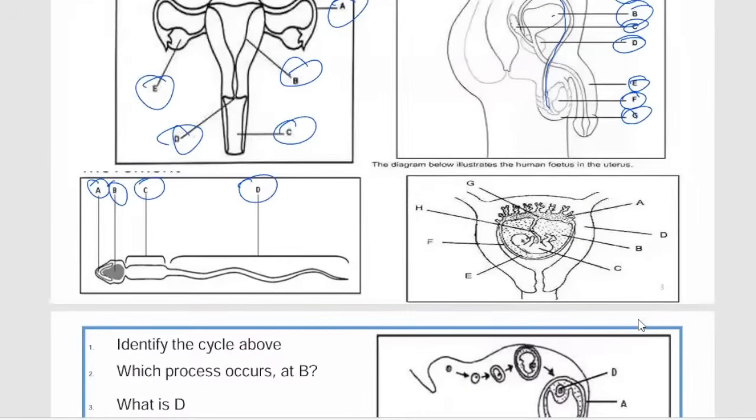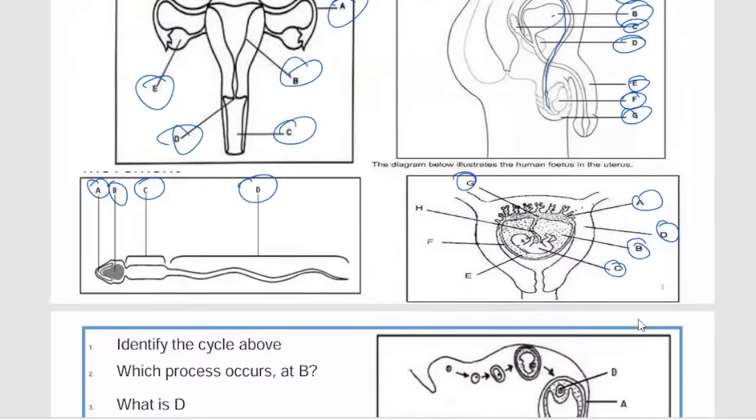When we come back here, we shall see that A is the placenta. It's a placenta. It's the part of the mother's blood vessel, and then here it shows that it's the part of the baby's blood vessels. Okay, and then this is the uterine wall, and then we see its amnion.